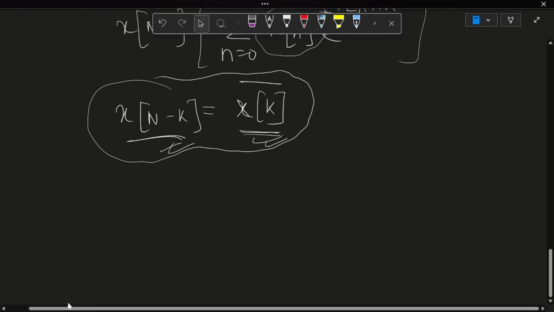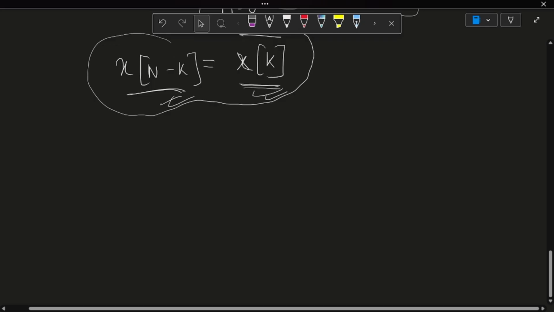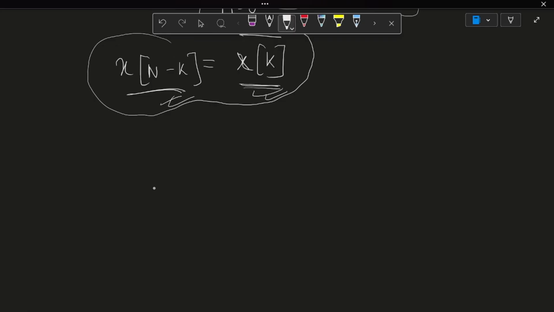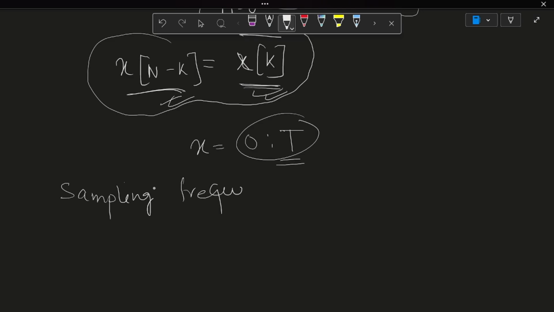It is also important to know up to how much frequency you can extract. For example, if your independent axis scales from 0 to T, then you have to know about another important concept, which is the sampling frequency and the Nyquist frequency.